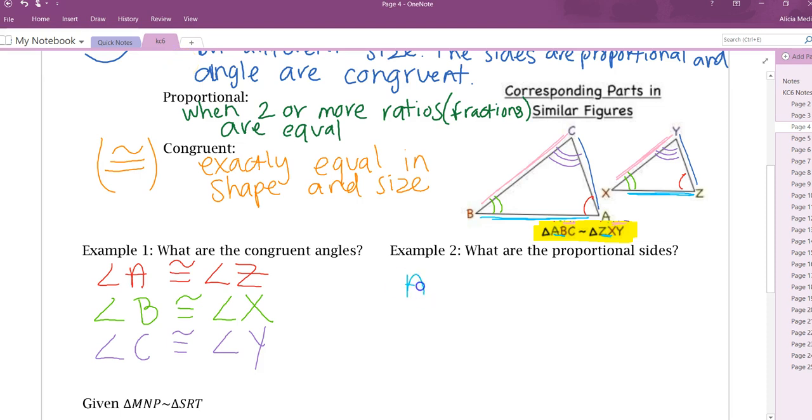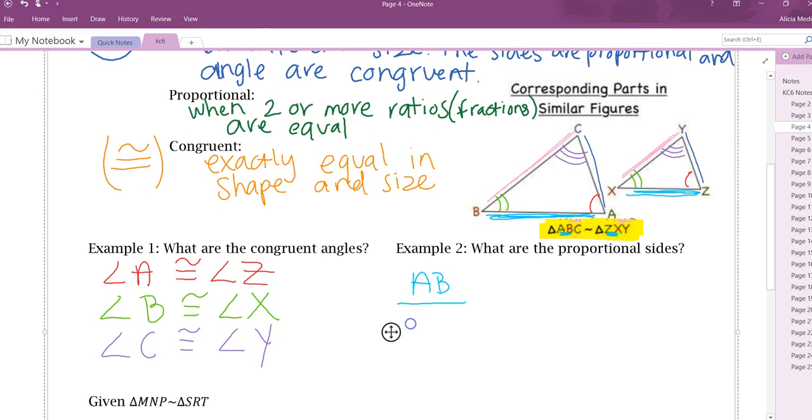So side AB is proportional to, so that was this B line, so that would be the first 2 letters. If I went from A to B, I'd have to say Z to X. Notice A came first, A is equal to Z, so I have to say Z first. And then B came second, and B is equal to X.